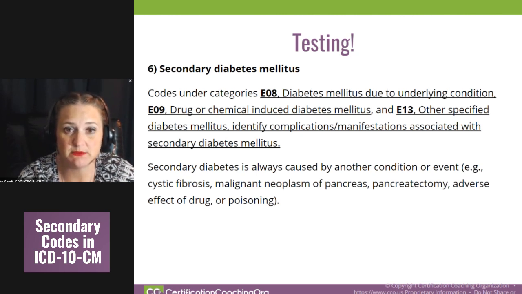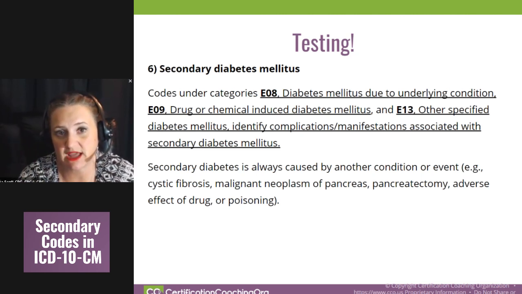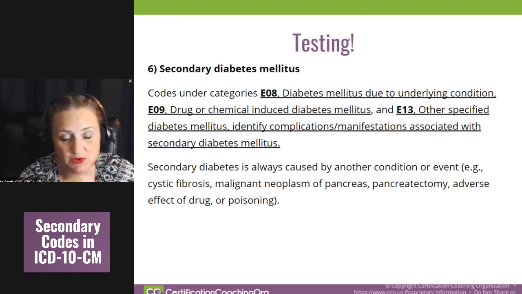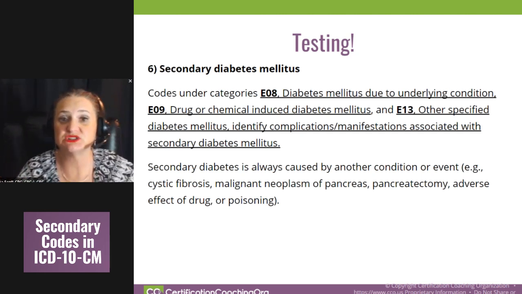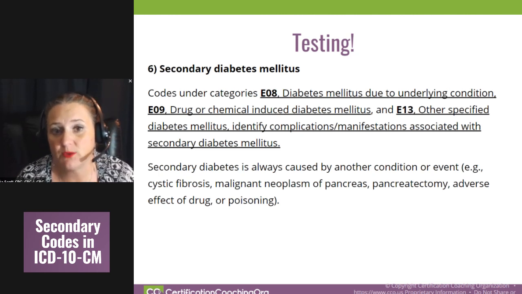A type 2 diabetic who has some type of gastric surgery, that'll stop diabetes. But that's another whole lecture, which we've already done before. But again, these are sometimes thought of as temporary diabetes. So if the underlying condition is resolved, the patient would no longer be a diabetic. They'd no longer be an E08.